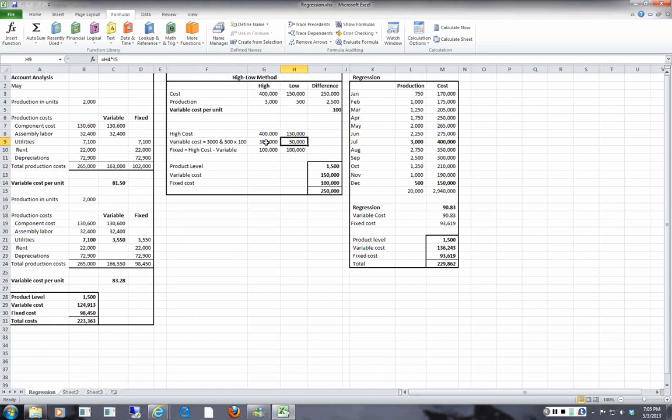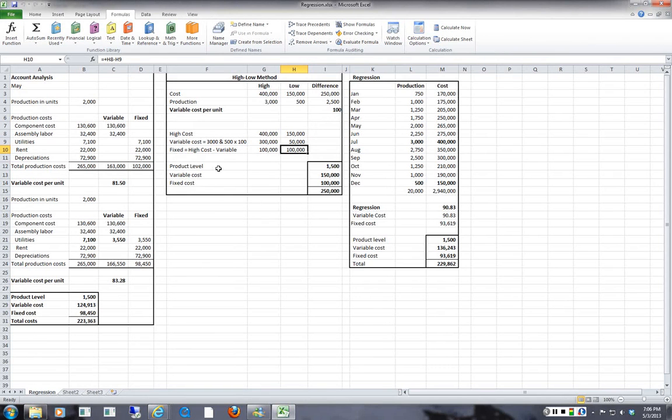We take that variable cost of 300,000 for the high and subtract it from the high total cost of 400,000, so we come up with a fixed cost of $100,000. The fixed cost comes up the same way for the low: we take the 50,000 variable cost and subtract it from the total cost, and we come up with a fixed cost of 100,000.